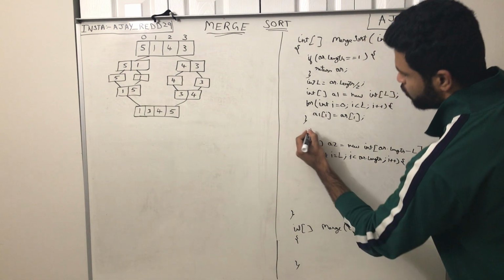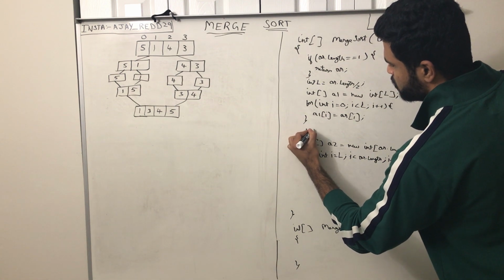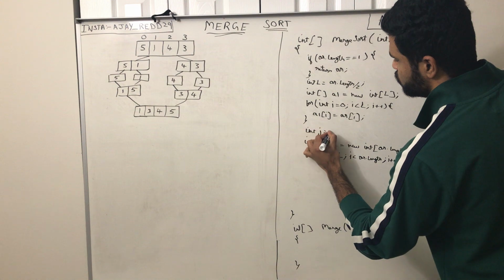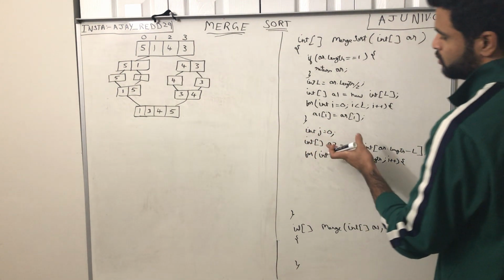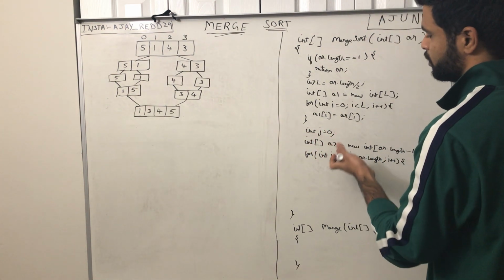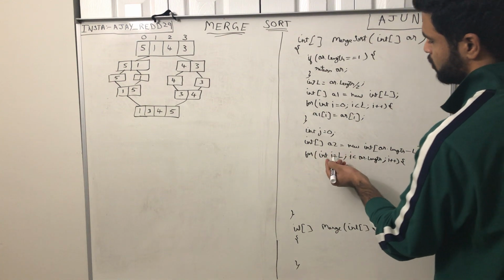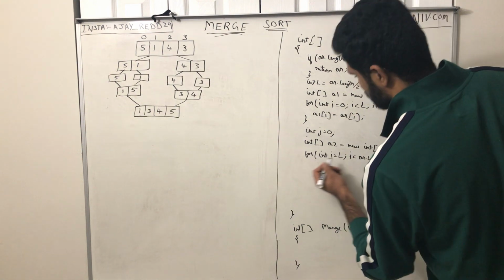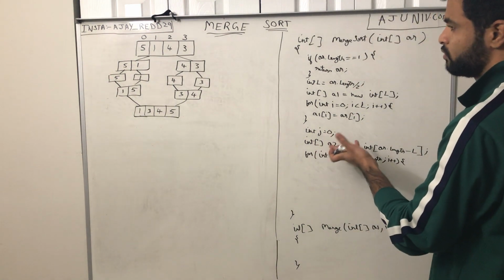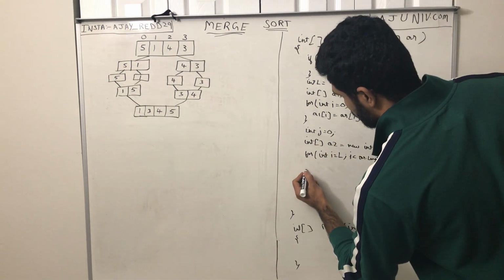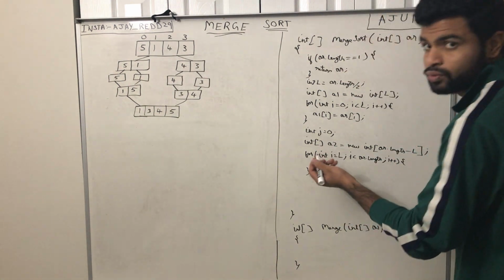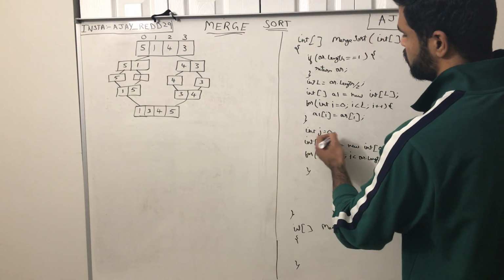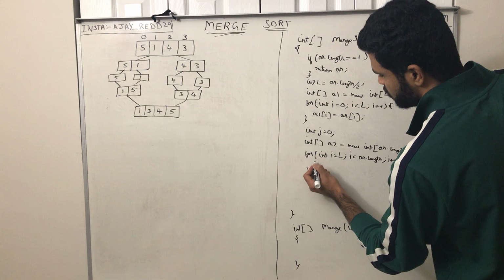Now here, I will also have a pointer int j equal to 0 for storing the elements in array 2. Why? Because here I am starting from L, so that would not allow me to add the elements in A2 from 0. For that reason I declared a pointer for A2 as j equal to 0.